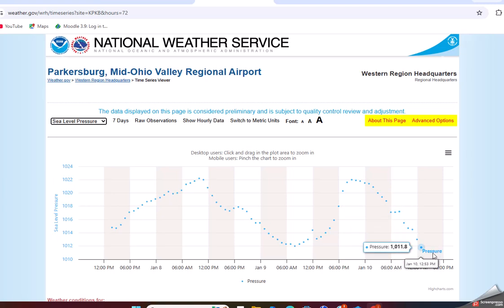So you can see at this location at Parkersburg, we had a rising pressure, lower pressure arrived, rising pressure again, then lower pressure now. This is how you read a meteogram. If you have questions, please ask, but this is just an X scale here with the time, and a Y scale with some other variable or variables.